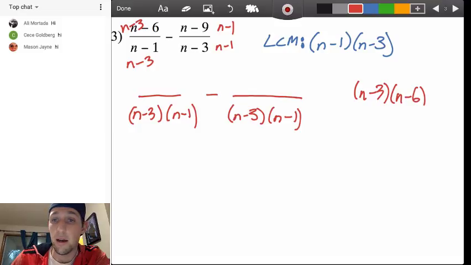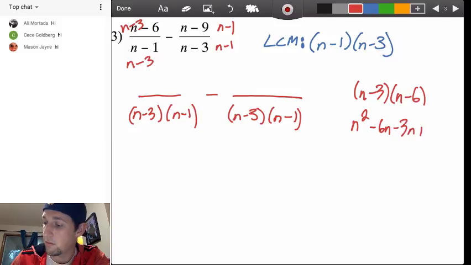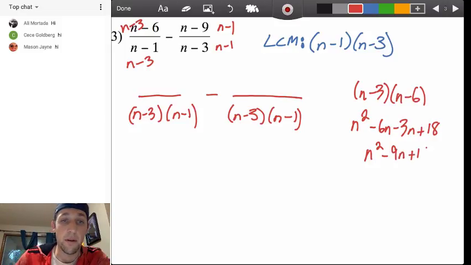That's FOIL, right? So I'm going to get n squared minus 6n minus 3n plus 18. Combine like terms, that's what I get when I multiply them together. I'm going to do the exact same thing over on the second one. I'm going to do my n minus 9 times my n minus 1.